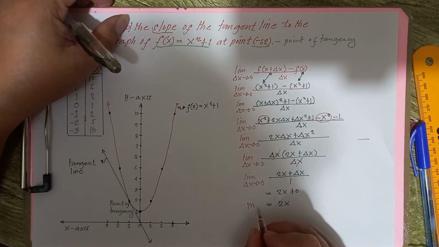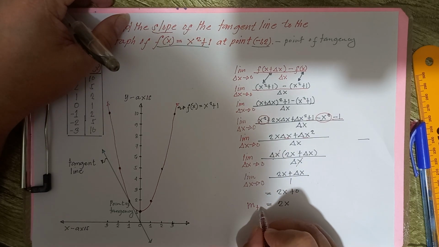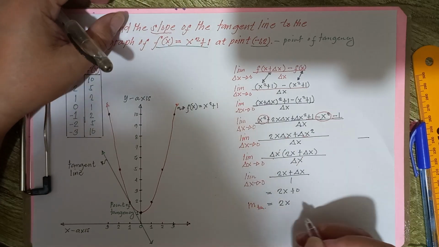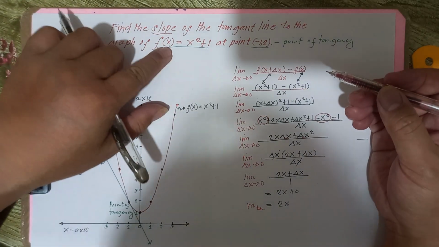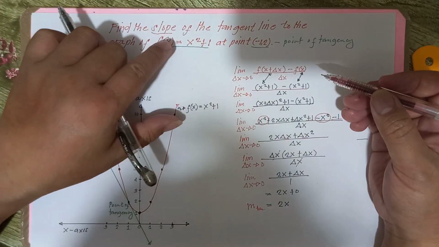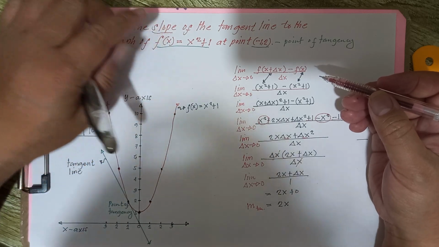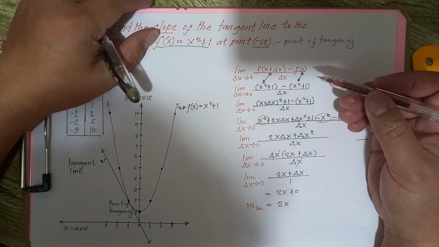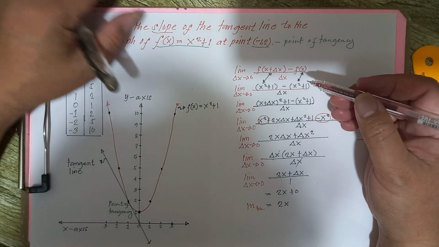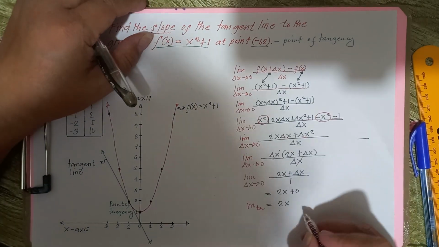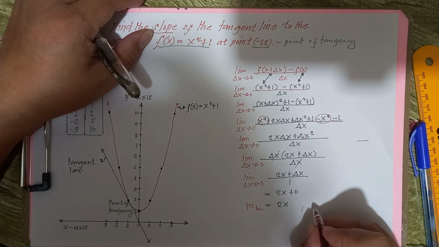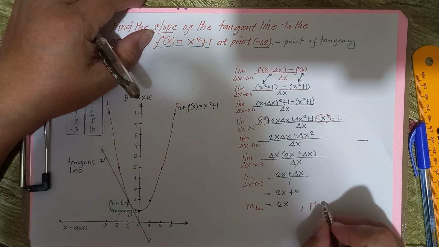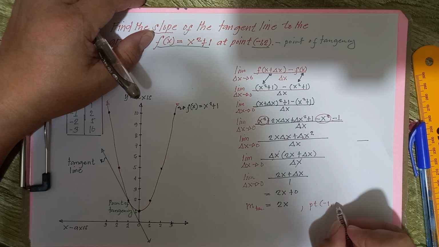So that is the slope of the tangent line based from the function, f of x is equal to x raised to 2. But it says in here, what is the slope of the tangent line at point 2? At point negative 1 and 2.